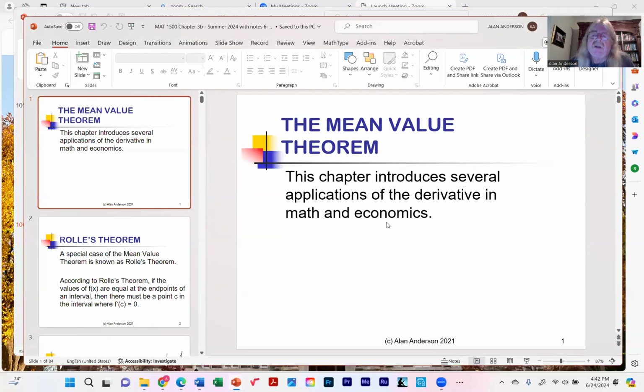And specifically, we're going to use some applications from economics because it lends itself very well to calculus. In particular, microeconomics is heavily based on calculus. And I'm sure you've all had micro, macro. No, if not, it'll make sense very quickly.